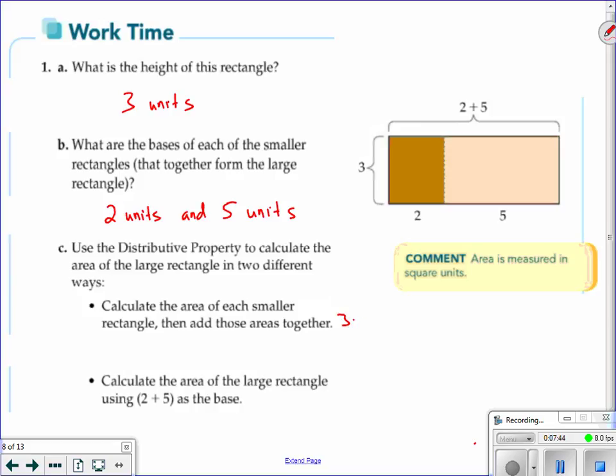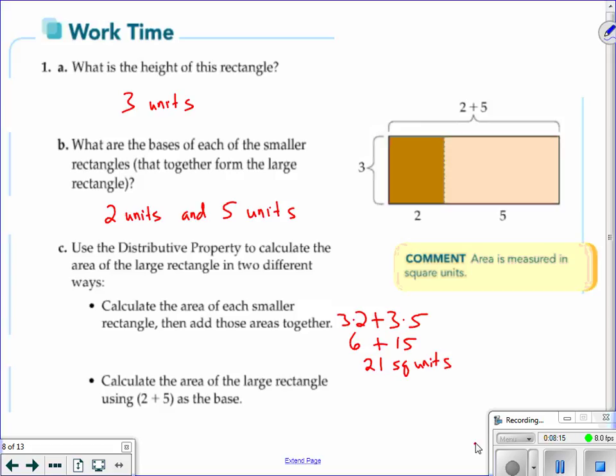The 3 times 2 gives us the area of the smallest one, and 3 times 5 gives us the area of this medium-sized one. So 3 times 2 is 6, 3 times 5 is 15. And of course, 6 plus 15 is 21. Because it's area, that would be square units.